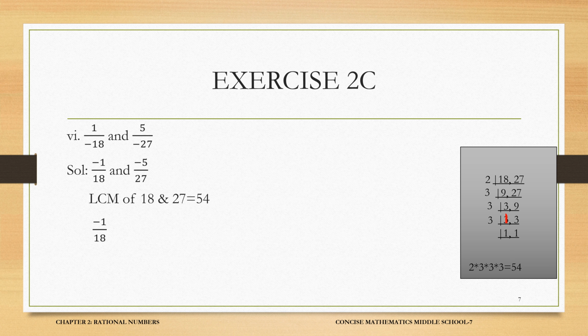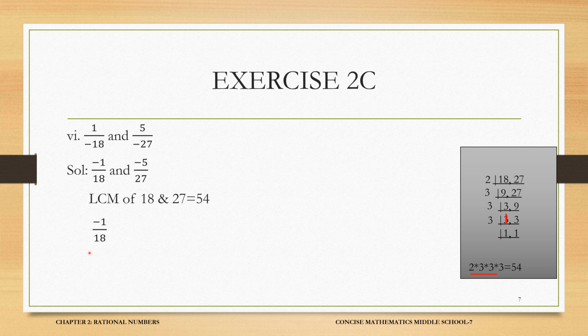With which number if you multiply, you will get 18. See, if you multiply this 2 into 3 into 3, 2 threes are 6, 6 threes are 18, right? So with these three numbers, you will get 18.